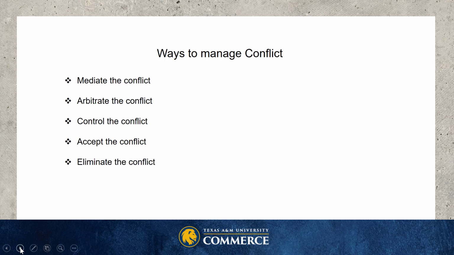Or we can eliminate the conflict. We can transfer people out of the project team and get replacements if we have functional area managers willing to do that. Or we can sever the contracts with people if we're in a projectized organization. All of these have strengths and weaknesses, and it's up to the project manager to manage the conflict.